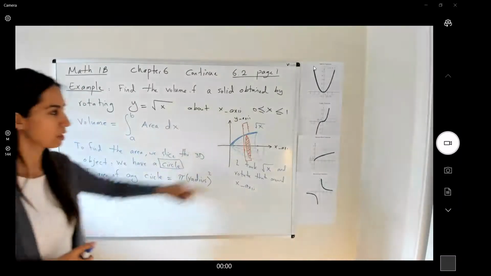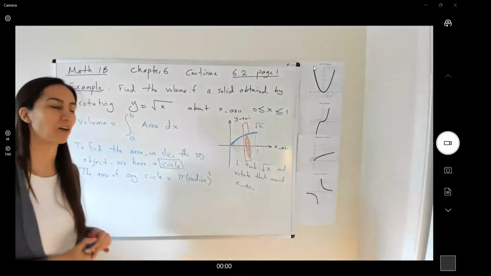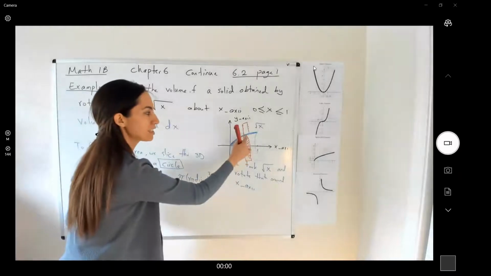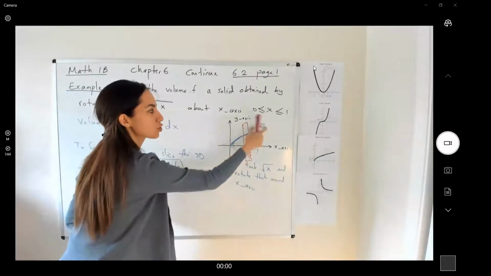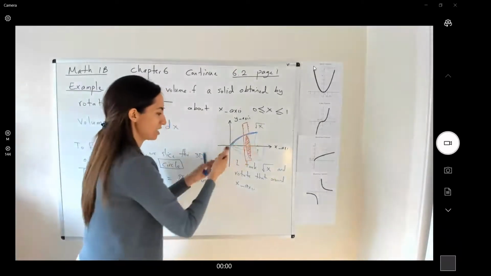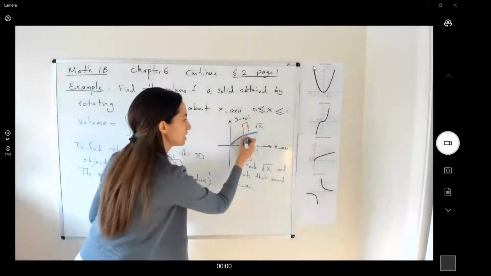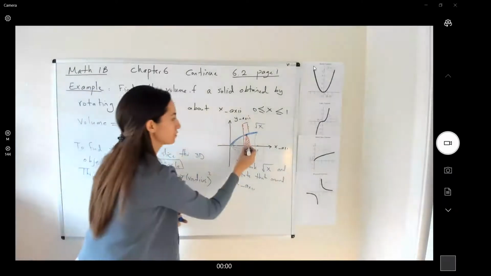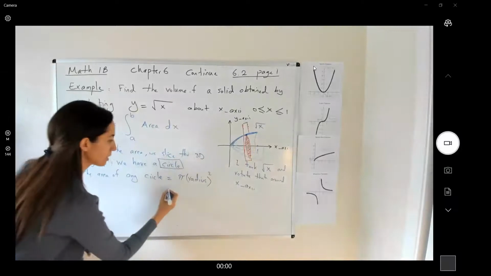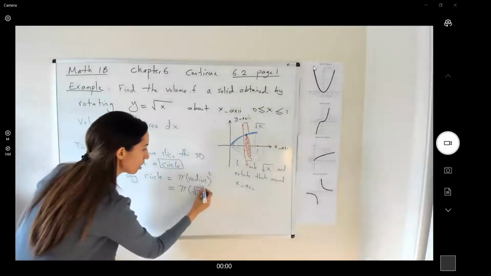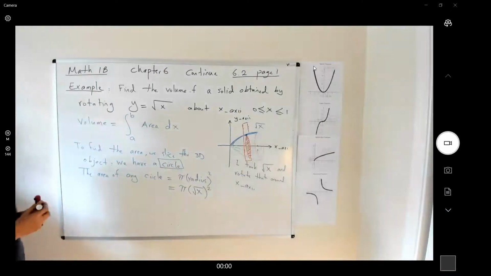So, what is the radius of this circle? The radius of this circle is square root of x. Square root of x is the radius of this random circle. So for this circle, you have pi times square root of x raised to the second power.